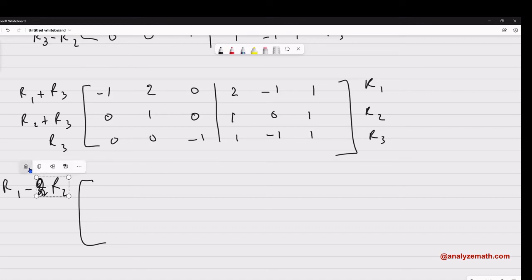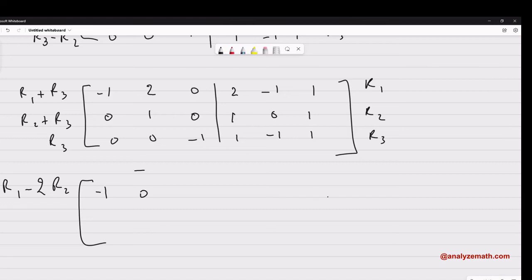R1 has -1 and 0 there, so -1. 2 minus 2 times 1 gives me 0.